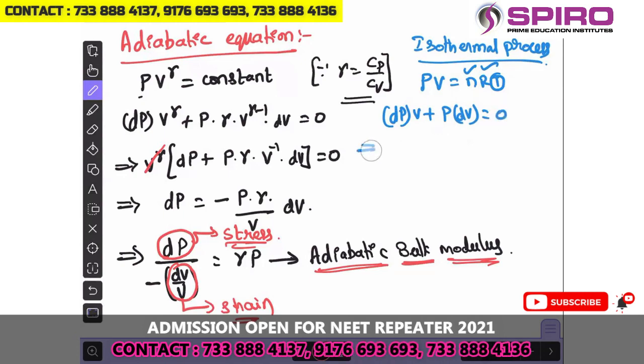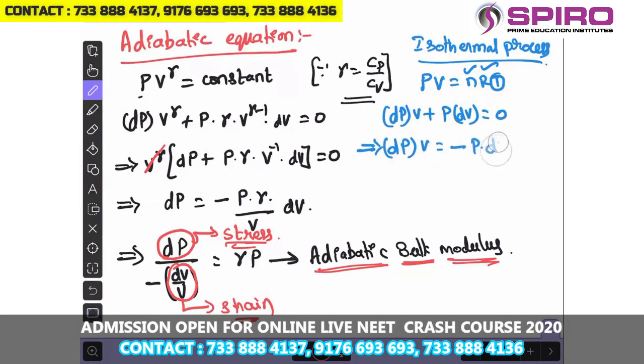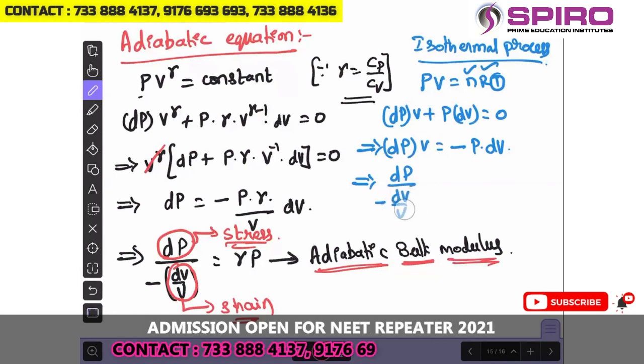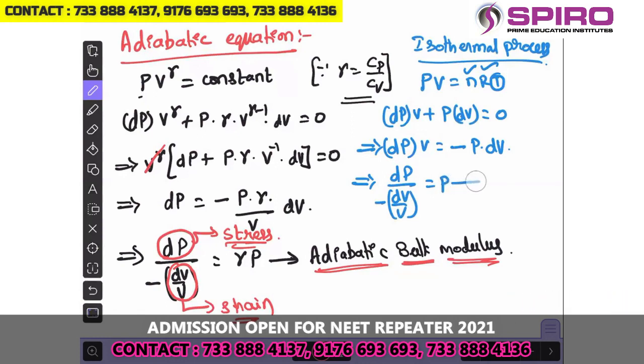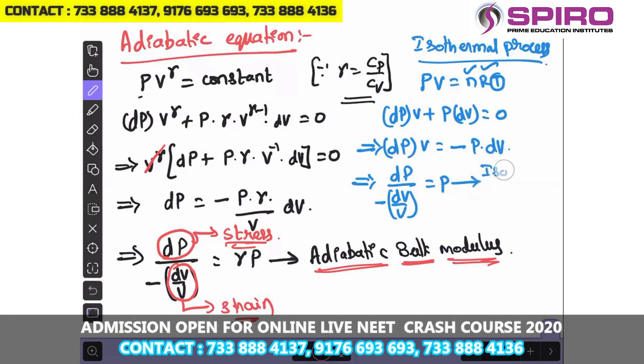That implies dP into V is equal to minus P into dV. Now dP divided by minus dV by V is equal to P. This is called the isothermal bulk modulus.